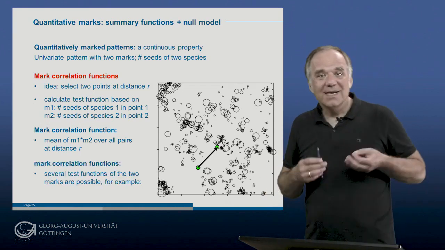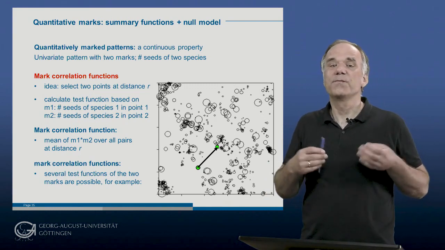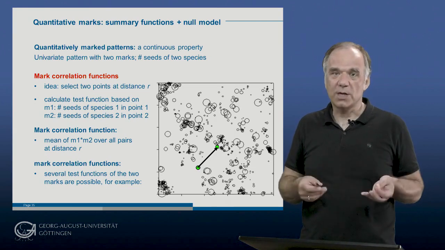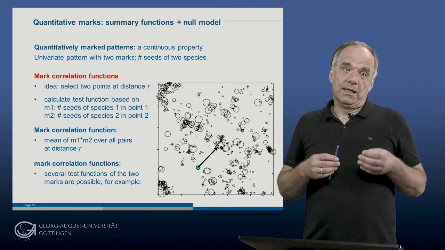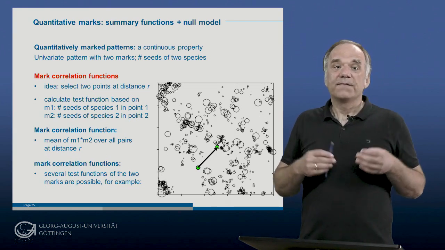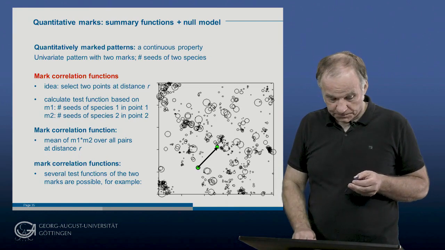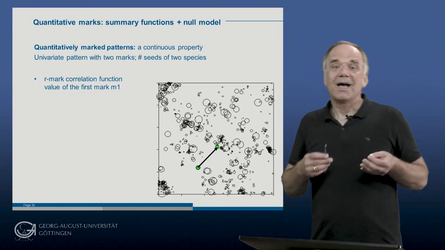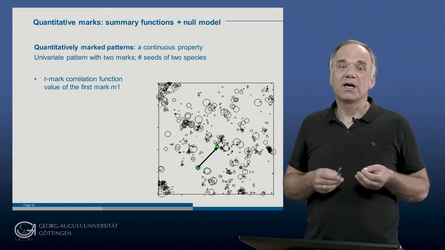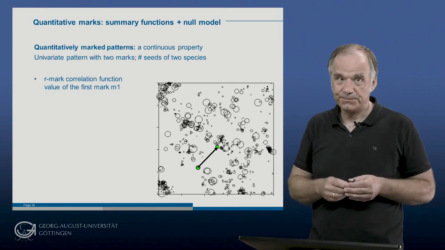Of course, there are many more mark correlation functions possible, because one can think of many different test functions constructed from the values of the two marks. Under random labeling, we have spatial independence of the values of the marks. For example, the so-called r-mark correlation function is the mean value of the first mark of the point pair.